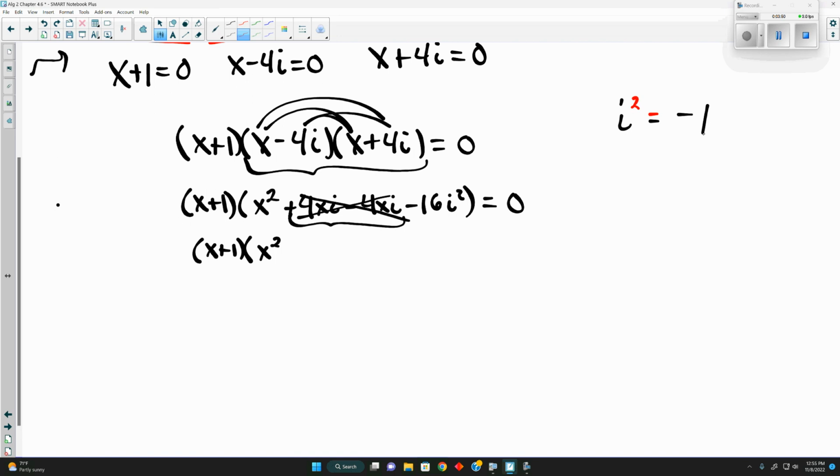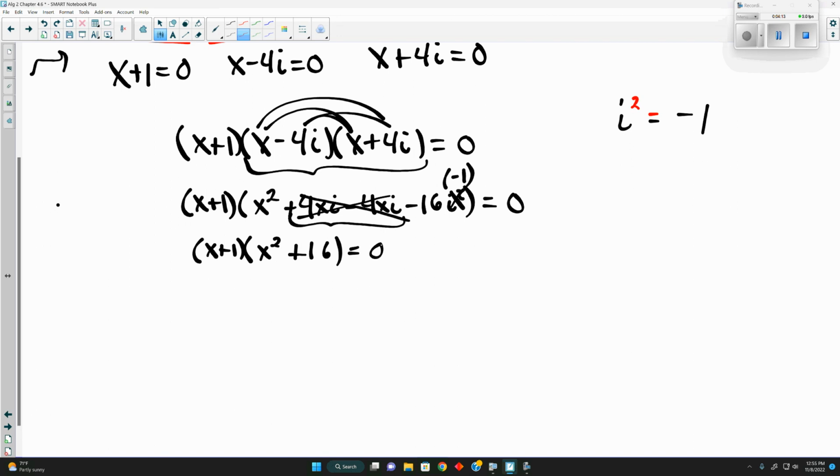Negative 1, because i is the square root of negative 1. So if we square the square root of negative 1, we just get negative 1. So negative 16 times negative 1 is plus 16.